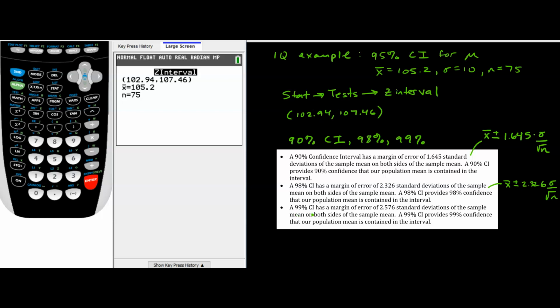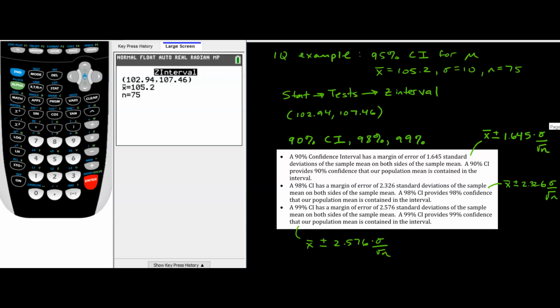Or a 99% confidence interval would be x bar plus or minus 2.576 times sigma divided by root of n. You are not going to have to use these formulas, and I'm going to show you a couple questions that you might be asked related to these things, but all of this can be done by manipulating some of those things inside Z interval in the calculator.